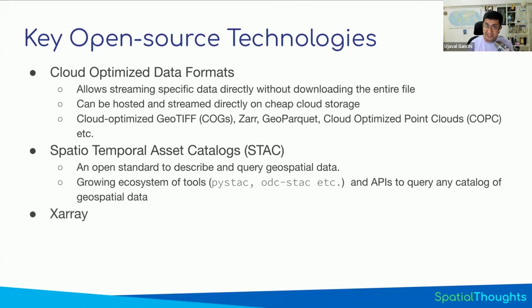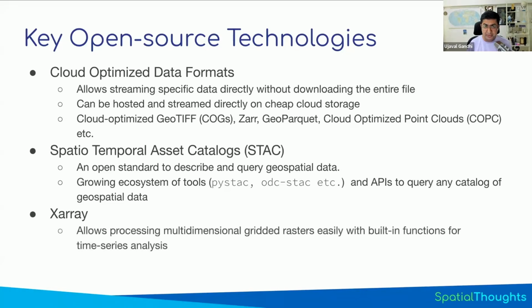If you had ever worked with remote sensing data using Python, you know it was quite painful. We had packages like rasterio, which were okay, but then it would load the entire scene into memory. If your data was too big, it won't fit in your RAM, it would crash. It would also be quite slow and painful. Fortunately, we now have a great ecosystem of tooling based on this package called Xarray, which allows us to work with multidimensional data.